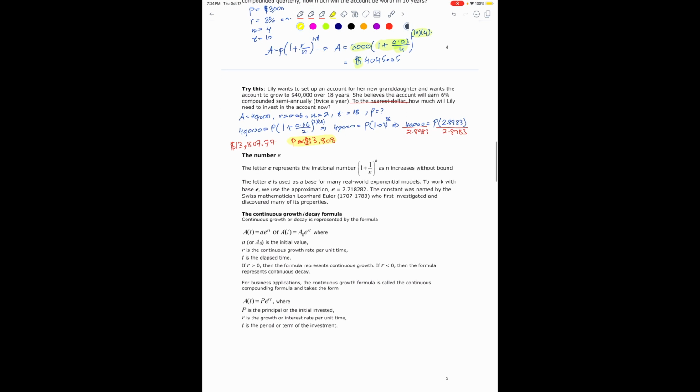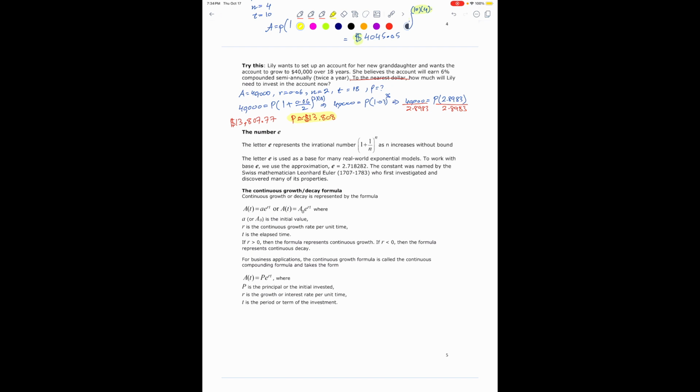The next concept that we're going to cover is the number e, or the Euler number. The letter e represents the irrational number 1 plus 1 over n, all raised to the n power, as n increases without bound. If you keep plugging in numbers 1, 2, 3, 4, 5, you will notice that you get to a specific number, and that number is e.